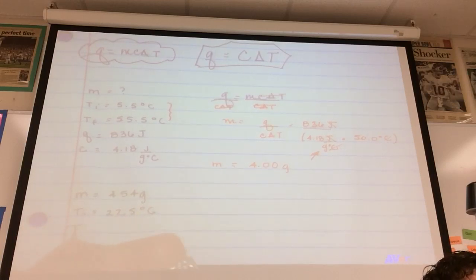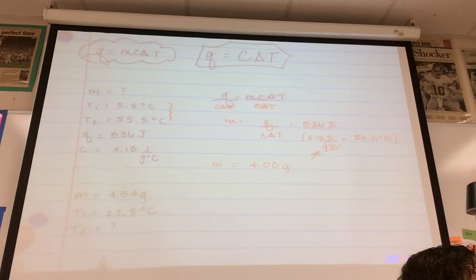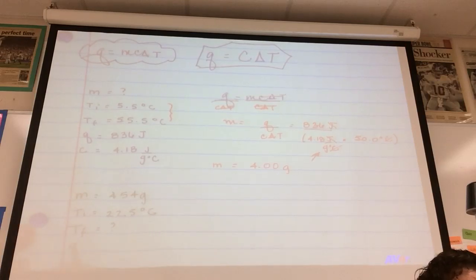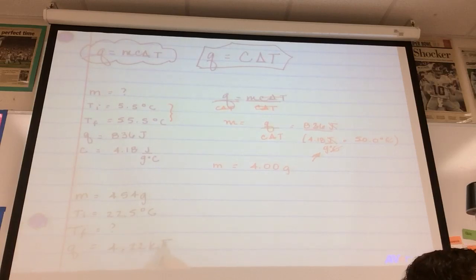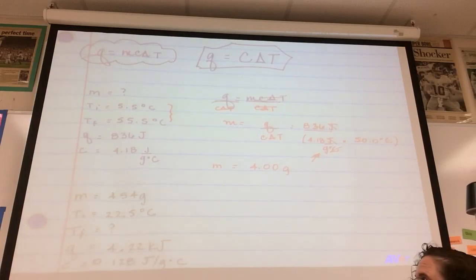We want to know the final temperature when 400.22 kilojoules of heat is absorbed. The specific heat is 0.128 joules per gram degrees Celsius. And that's provided to you.